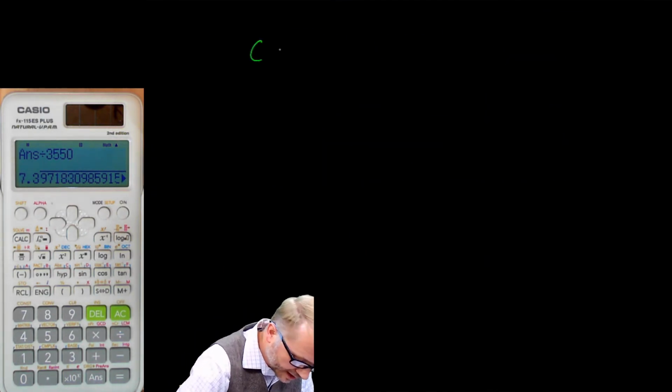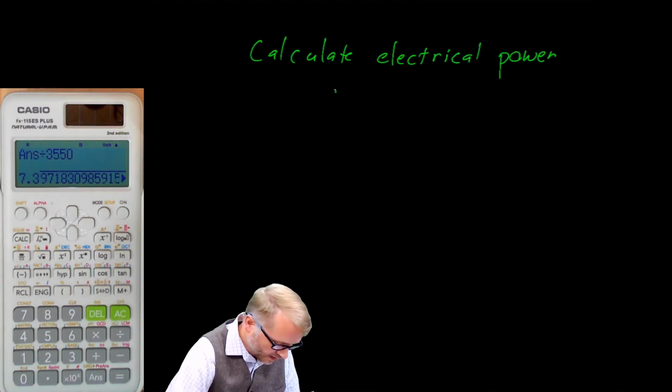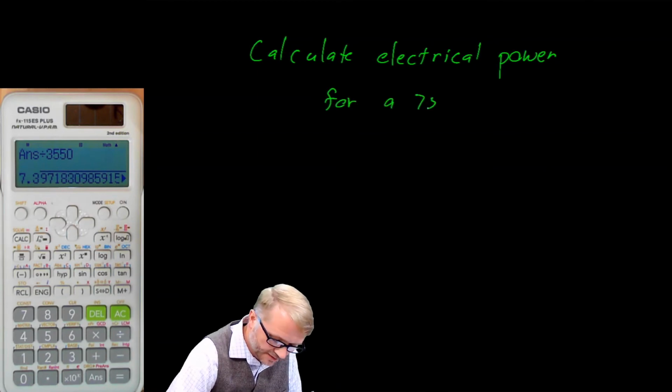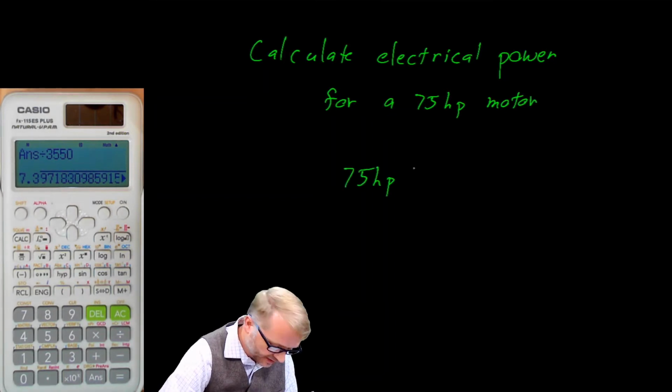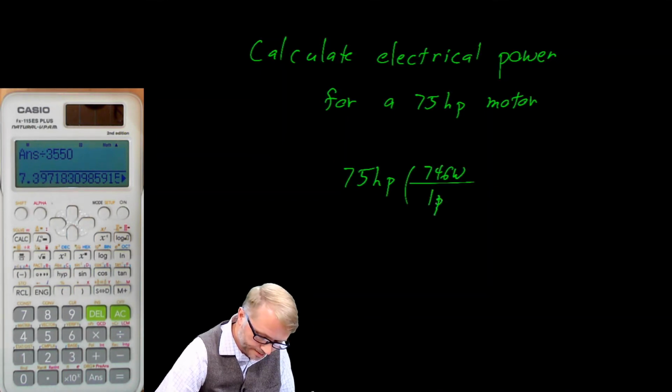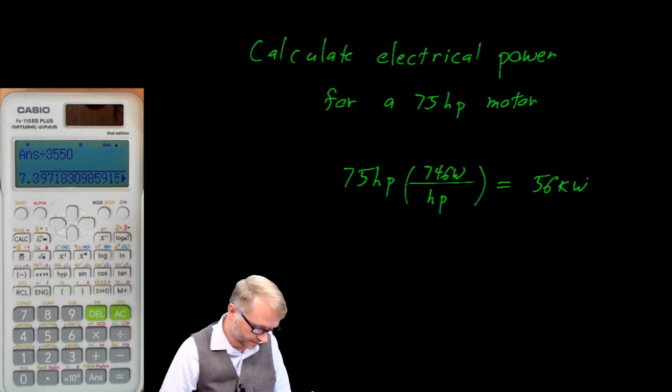So let's continue on. We'll do another example. So calculate electrical power for a 75 horsepower motor. We use dimensional analysis again, so 75 horsepower, 746 watts over 1 horsepower, gives us about 56 kW.